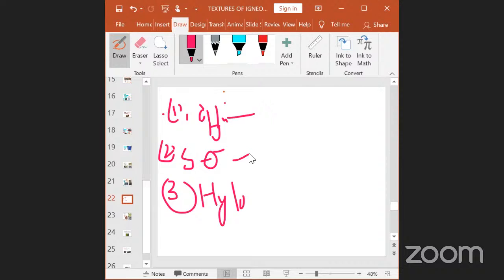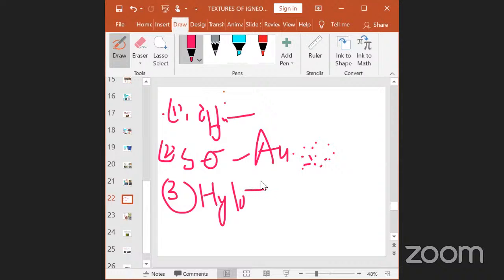And subophitic texture: when the augite grains are smaller and partly enclose the plagioclase, then the texture is known as subophitic texture, right? And then next is hyalophitic texture.